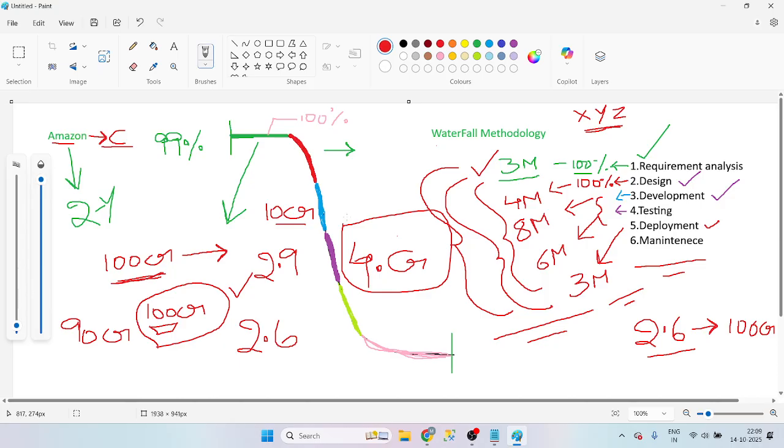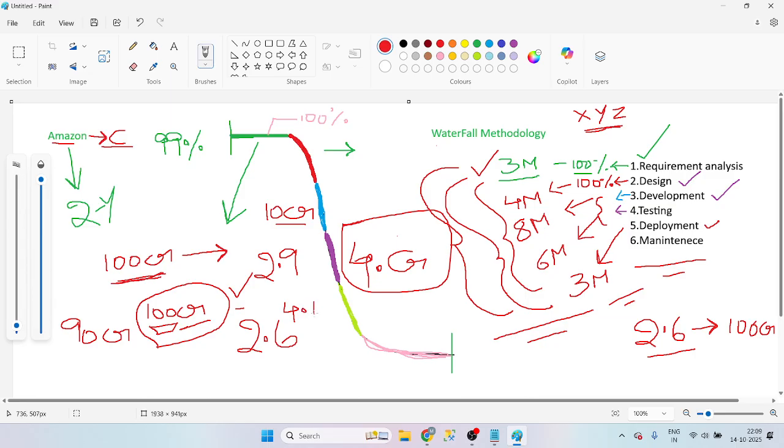Whatever I have invested up to now, I got it back. From the next month onwards, like 4.1 month, I will get my profit.